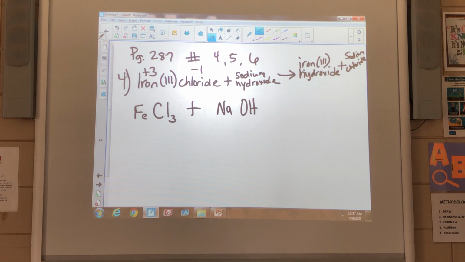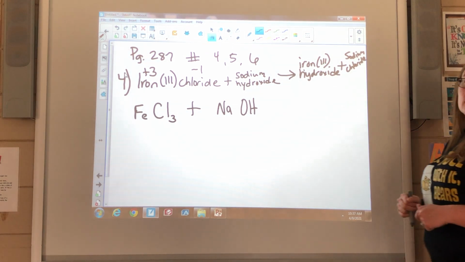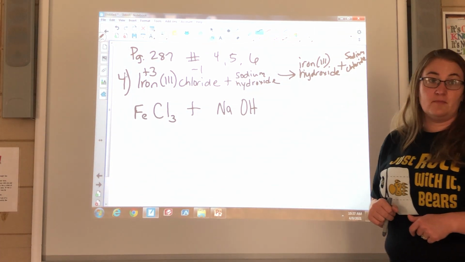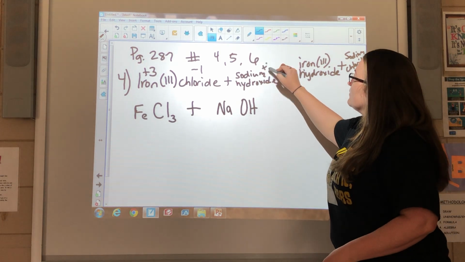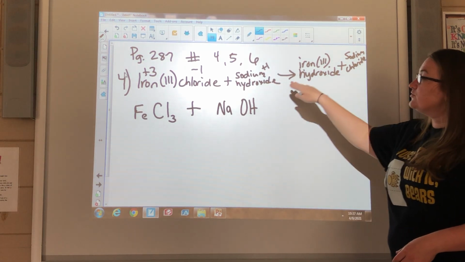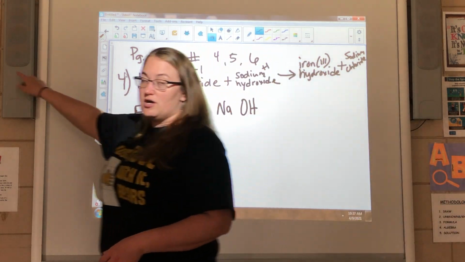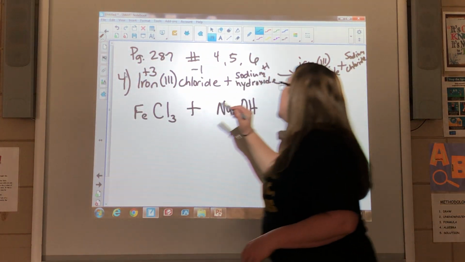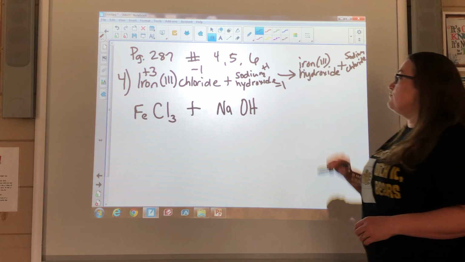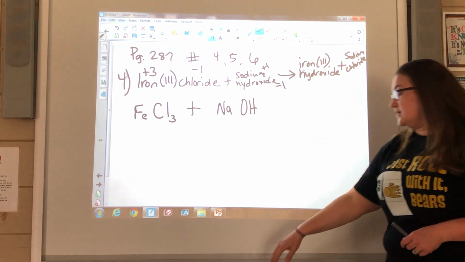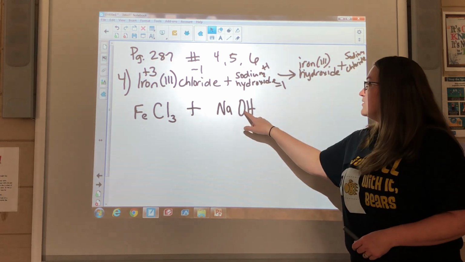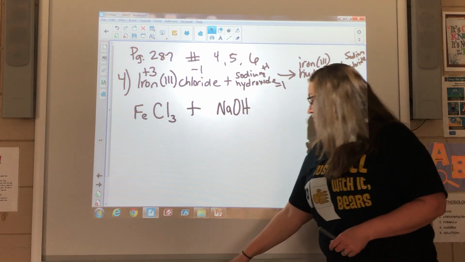So what charge is sodium? Anybody remember? +1. It's in that first column. Hydroxide, if you look on your chart, is a -1. So can I leave that as it is? Yes, I can leave that as it is.